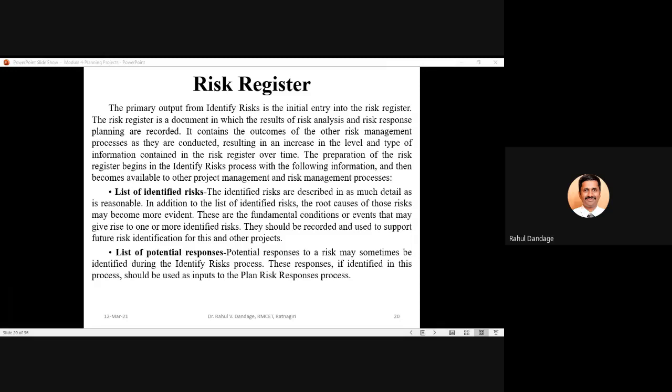These are the fundamental conditions or events that may give rise to one or more identified risks. They should be recorded and used to support future risk identification for this and other projects.